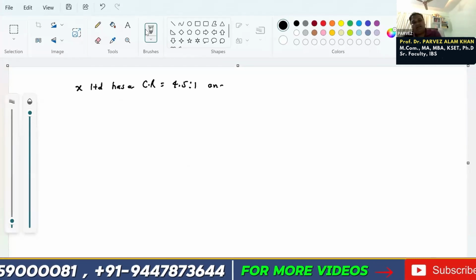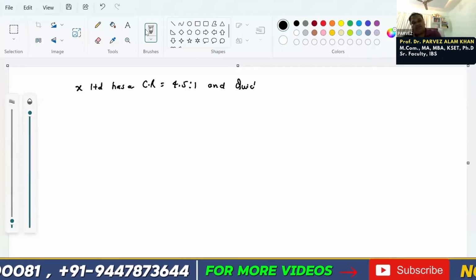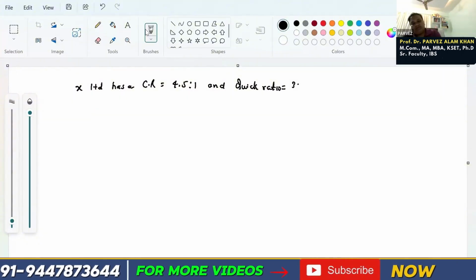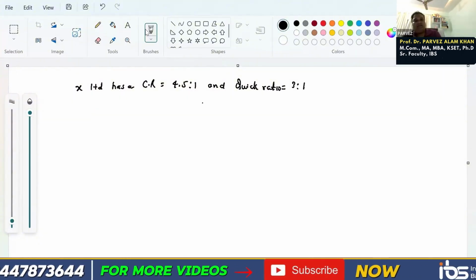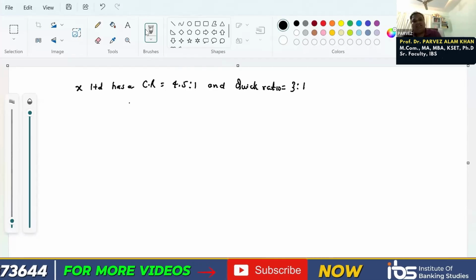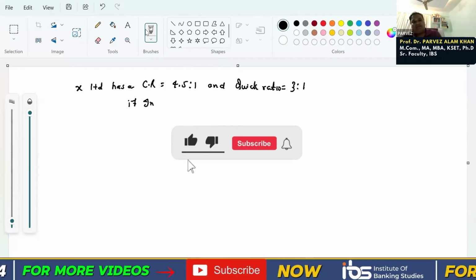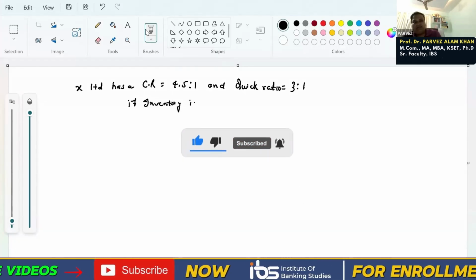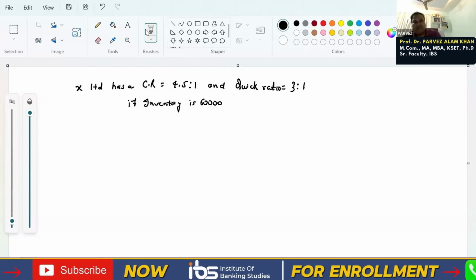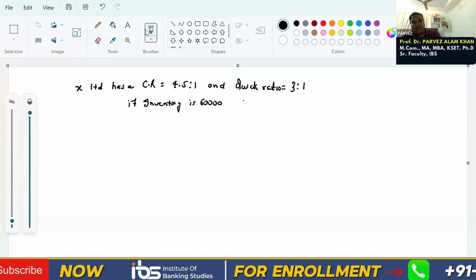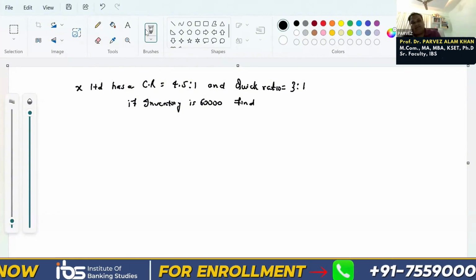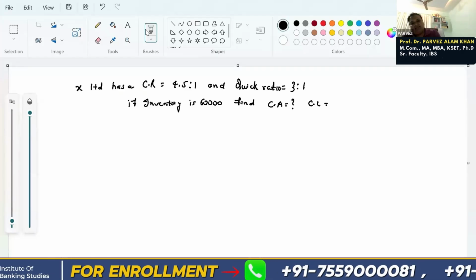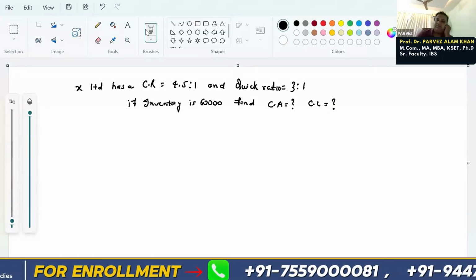And quick ratio is 3 is to 1. They will say that if inventory, means stock only, inventory is 60,000, find current asset and current liabilities.